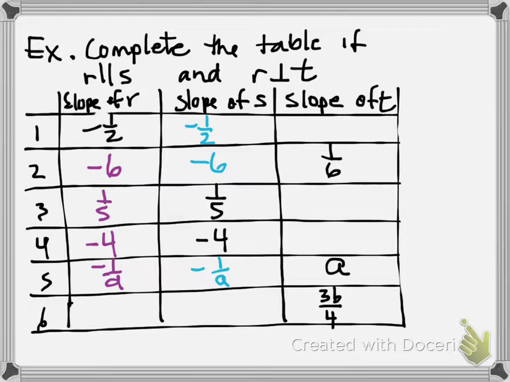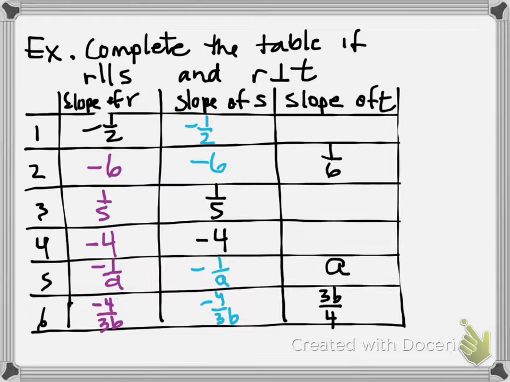Okay? If I know that the slope of T is 3b/4, what's the slope of R in number 6? -4/3b. And now that I know what R is, I know what S is. -4/3b. Okay, and then let's go back to these guys.